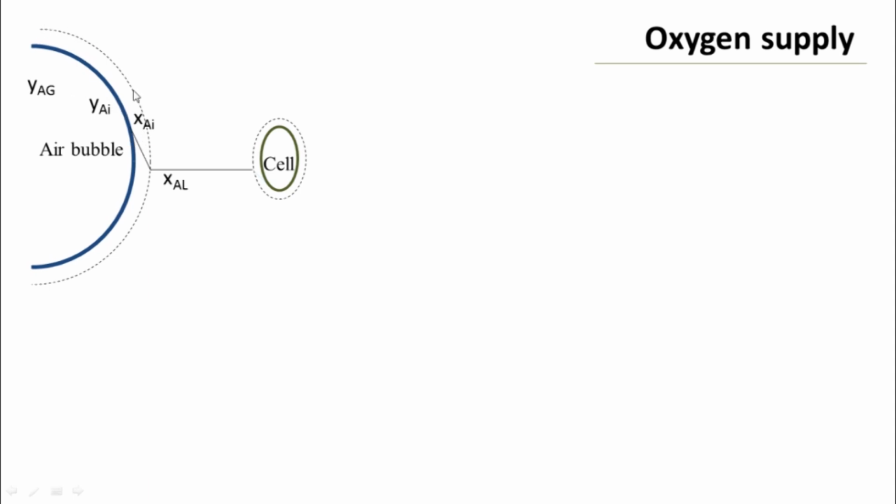Then there is a region very close to the air bubble where the concentration of oxygen decreases quite drastically. The mole fraction of oxygen decreases quite drastically in the liquid, and this conceptual region is called the gas liquid film. There is no actual film; the film is a conceptual point.